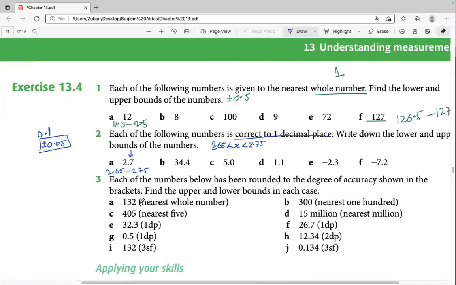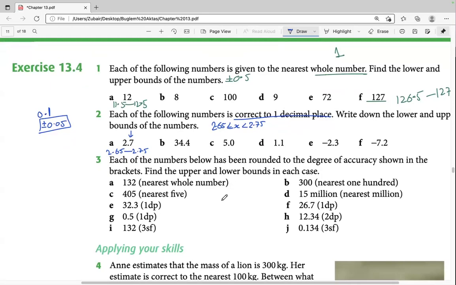Number three. Each of the numbers below has been rounded to the nearest degree of accuracy shown in the brackets. Find the upper and lower bounds in each case. Let's do these in order. Number one, nearest whole number. So we have to add 0.5, and 132.5.